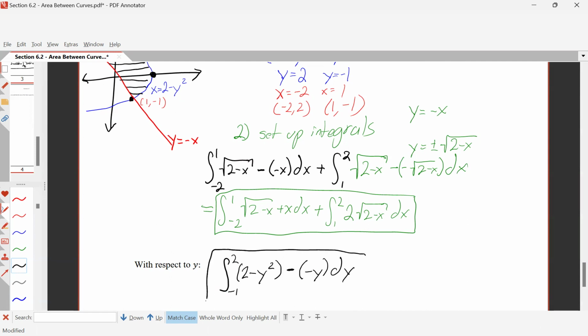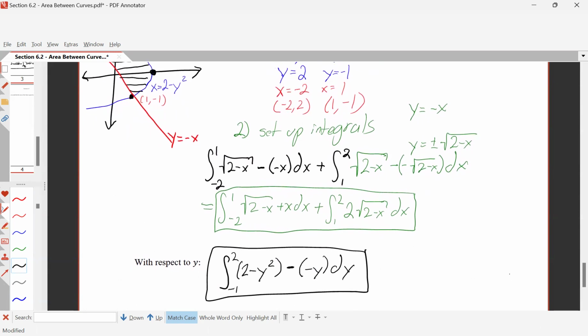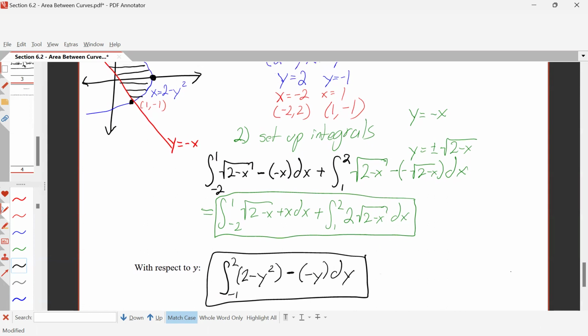These two integrals would find the exact same area, but one of them is going to be a little bit quicker to solve if we needed to work it out. We can find the area between curves both with respect to x and with respect to y, and they would give us the same answer.